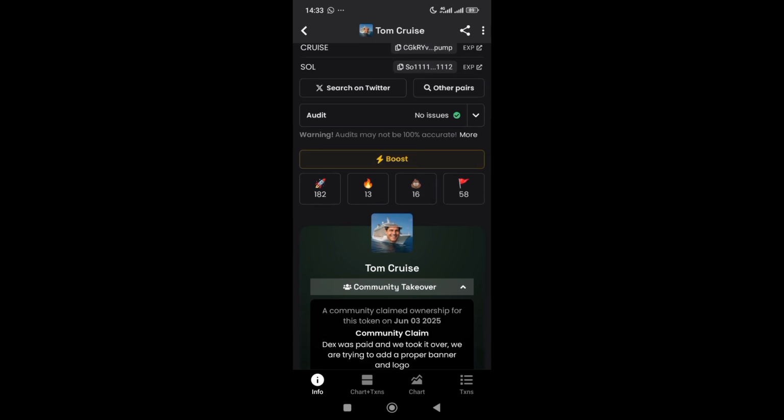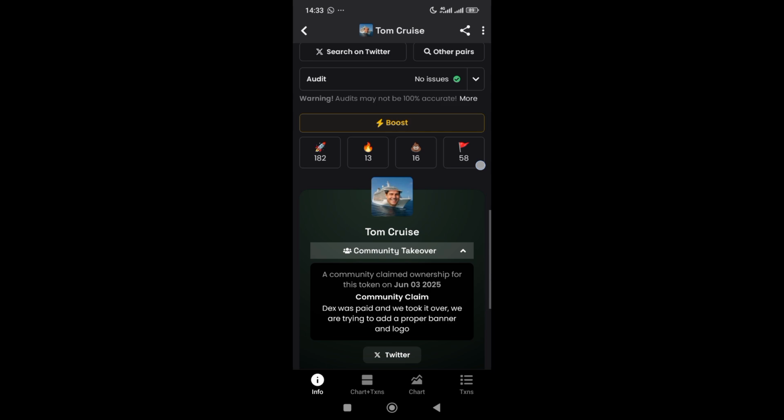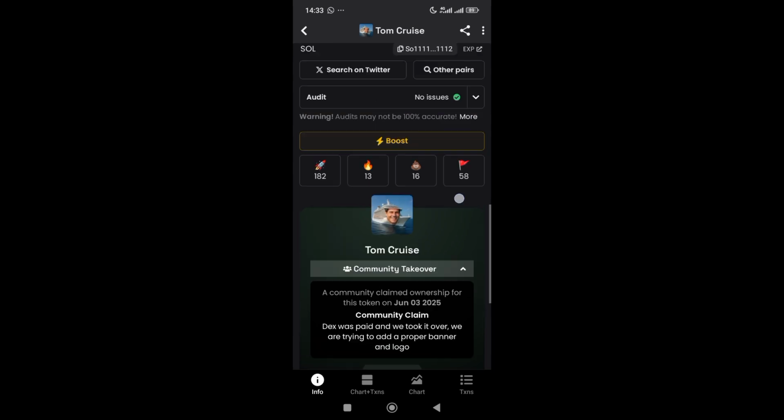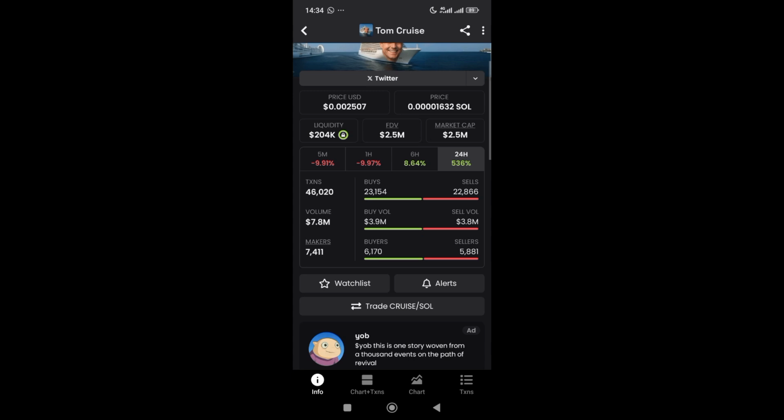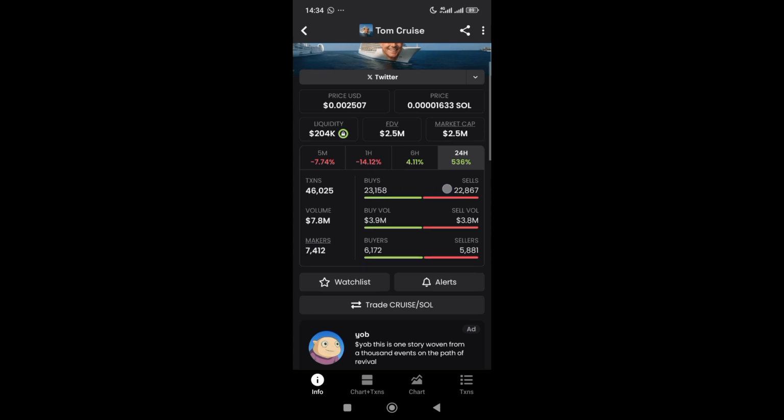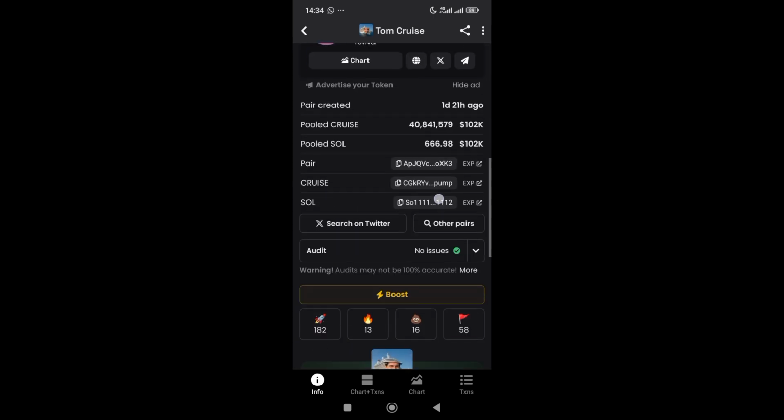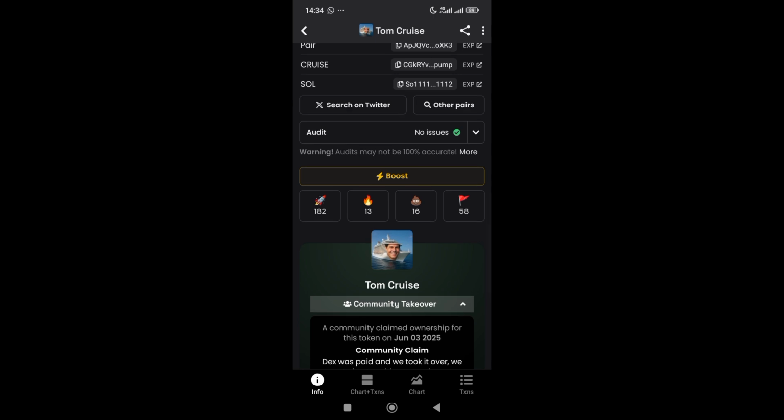Now when you come over here, you can see this rocket, 182. I can see the red, 58. And now you can see the transactions. You can see the volume here, and transactions almost 46k. Let me explain what this place means.